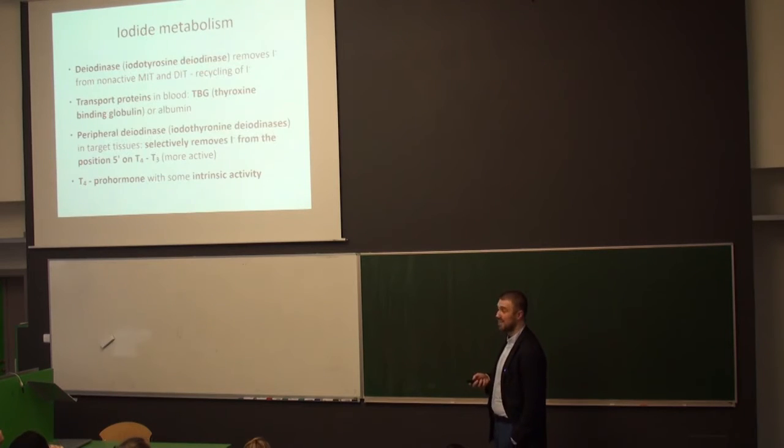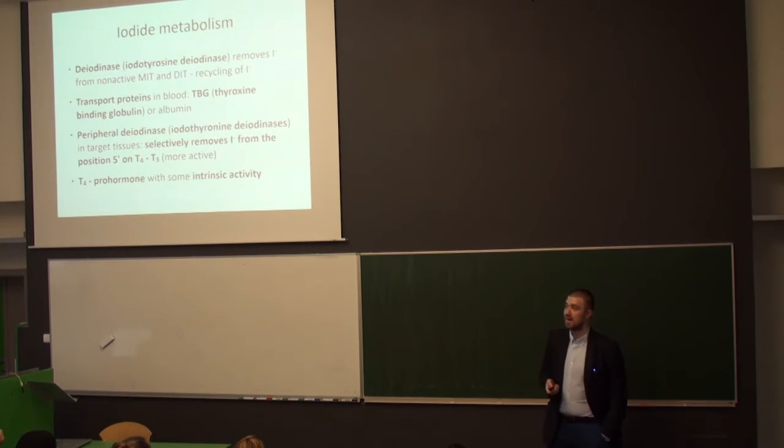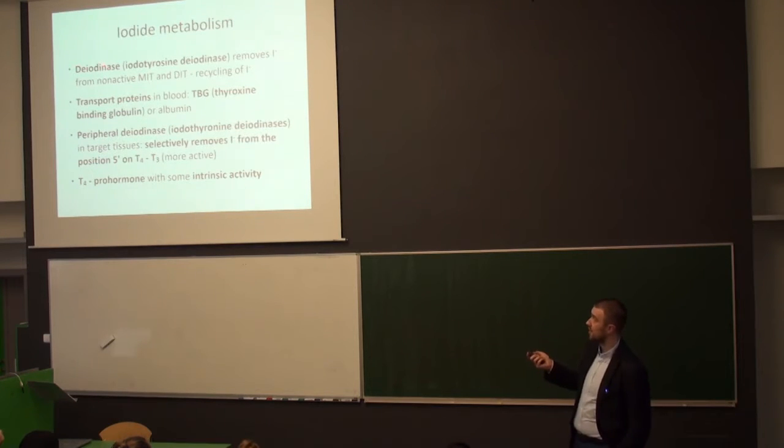The recycling is done by one enzyme that we call central deiodinase, or the full name is iodotyrosine deiodinase. That means that it does the deiodination of the molecules of iodotyrosine.